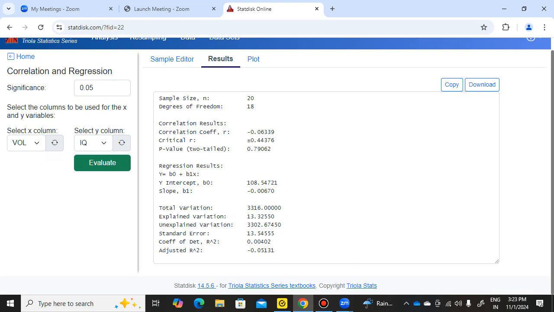Our critical value is, we'll look at negative 0.4438, much higher than the correlation coefficient, absolute value wise. P-value is extremely high, 7.7906. So our results are clear. We do not have correlation.